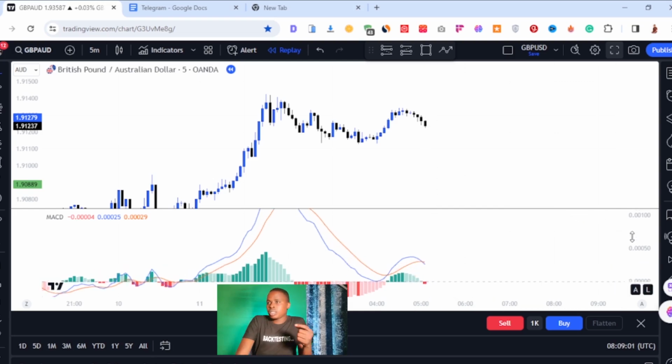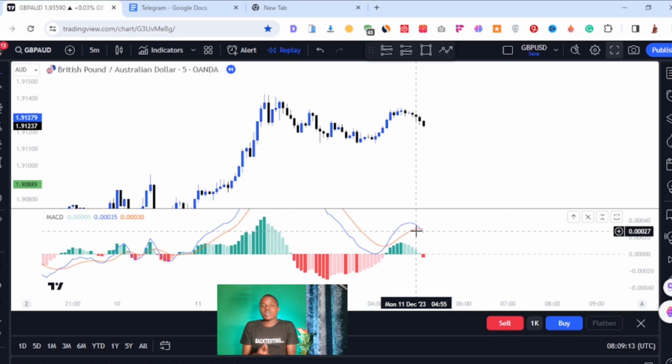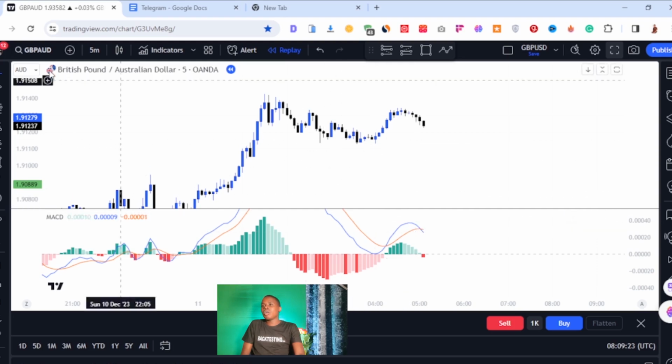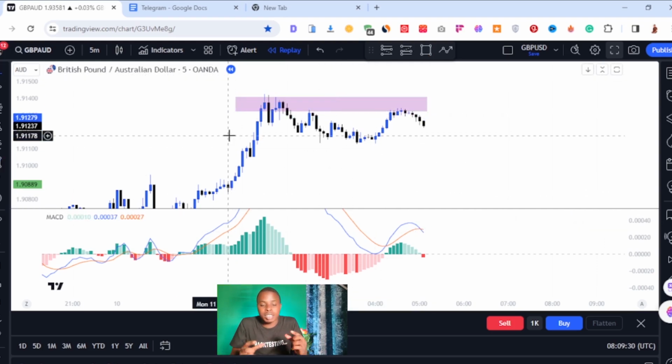The first time the histogram becomes red, we look into the charts. We say, okay, the MACD is crossing to the downside and the histogram has just turned red, so let's look for selling. But before we sell, let's look at the actual market and see if we are at any area of value. This area of value, or support and resistance zone, doesn't have a specific size.